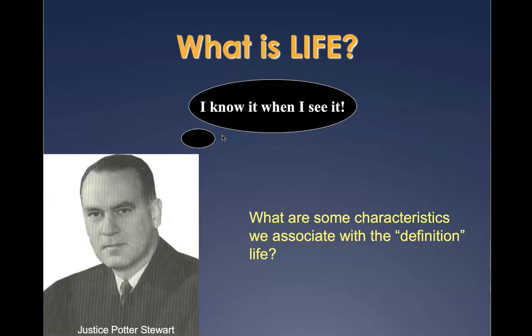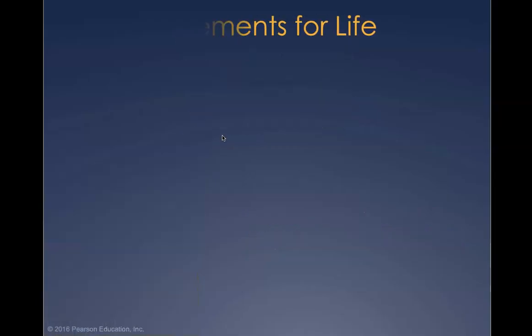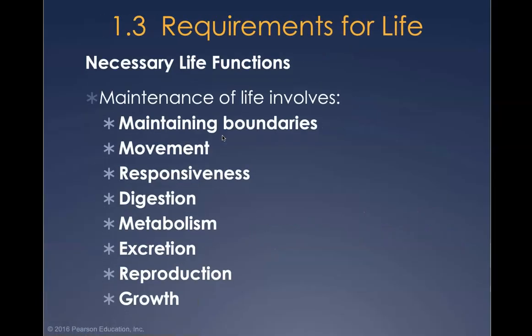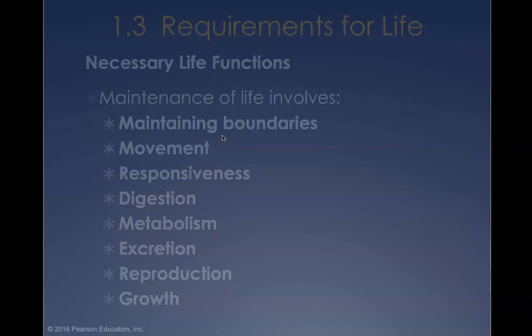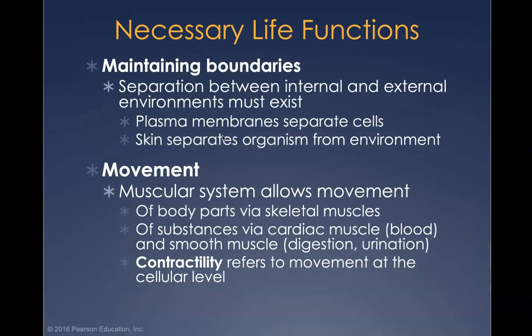So we have to give some actual characteristics that we should associate with this term life. The requirements for life, for any life, including us, because we are a living organism, are that we have to maintain boundaries. I'm just going to go through each one of these.